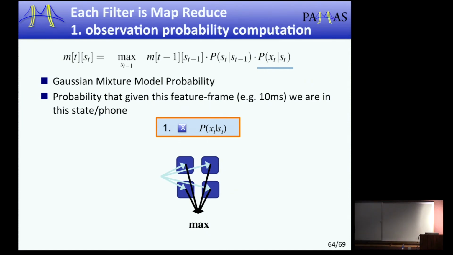So for all of your states, you compute the probability of that observation given that state. And the way you do that is using a Gaussian mixture model. So every state has a little trained GMM. And given the observation, it computes the probability of that observation given that state. That's another map where the function that you're mapping onto all the states is GMM evaluation.